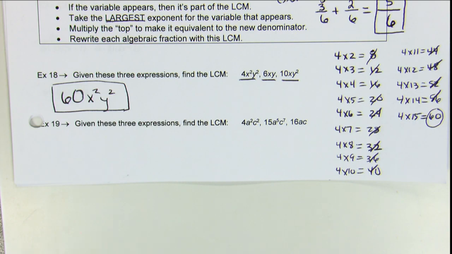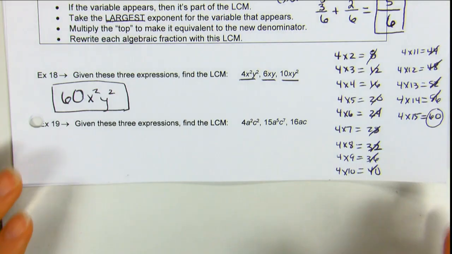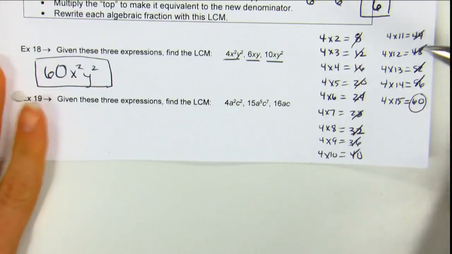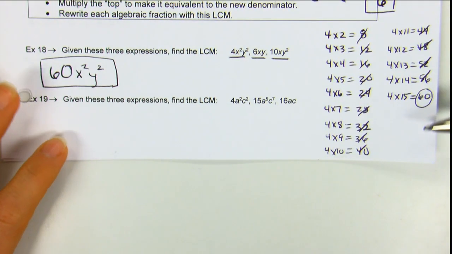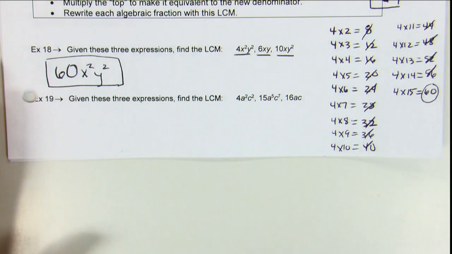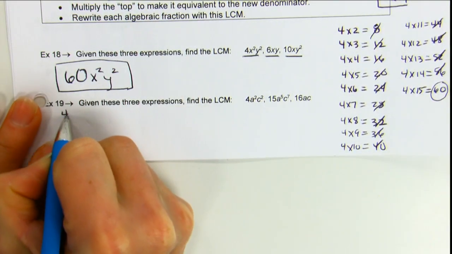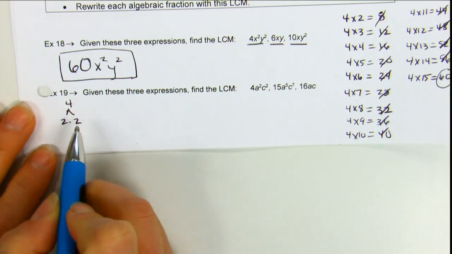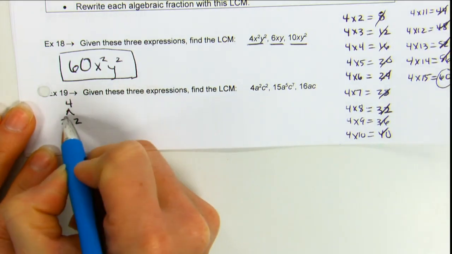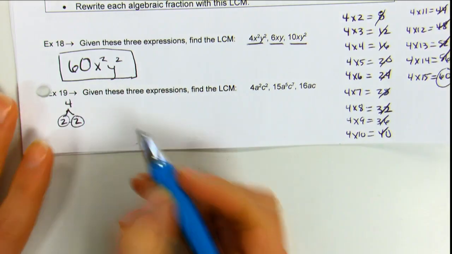Let's take a look at number 14 or number 19. I honestly do it this way for the most part when I teach it. But when you find a least common multiple, you also could do it this way, and I'll show you. You could list the factors of 4. I don't know if you remember a factor tree, but we're thinking what times what makes 4. So 2 times 2.